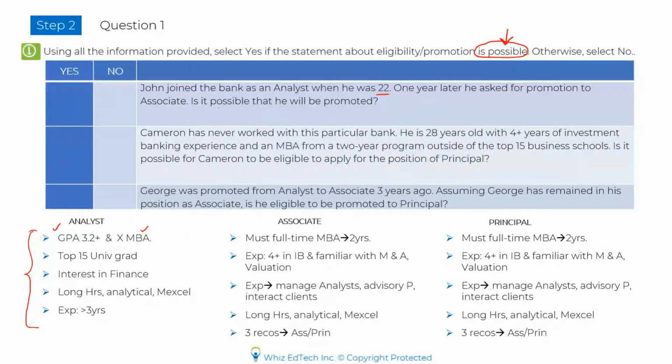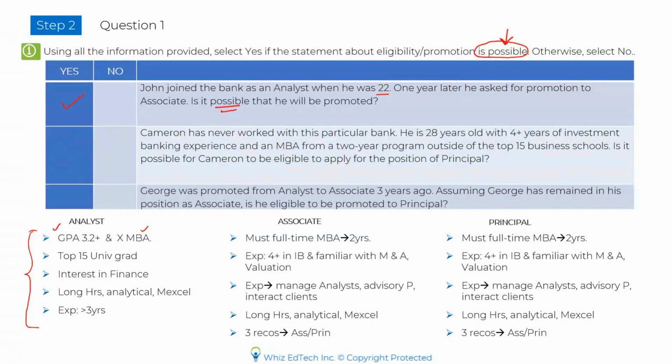So the question is, is it possible? Well, yes, he is meeting all the criteria required for analyst. Since we don't know how much time or experience he needs to become an associate, and the question is about possibility, the answer is possible, yes, because he has fulfilled the criteria for analyst.